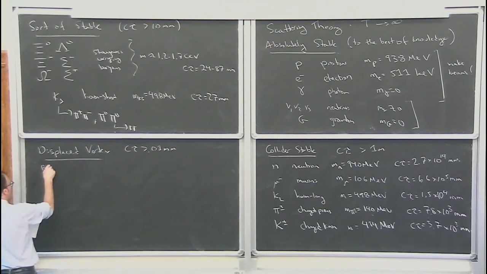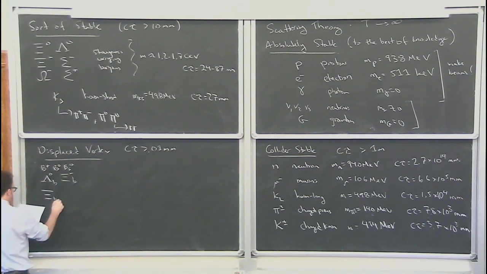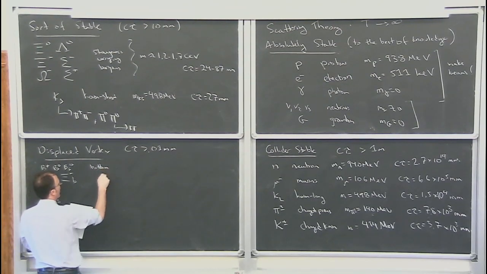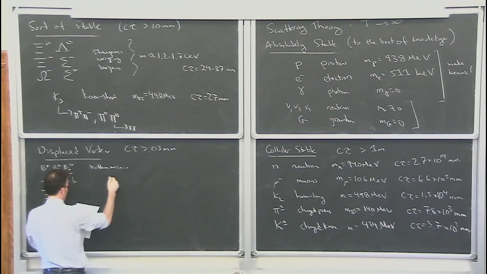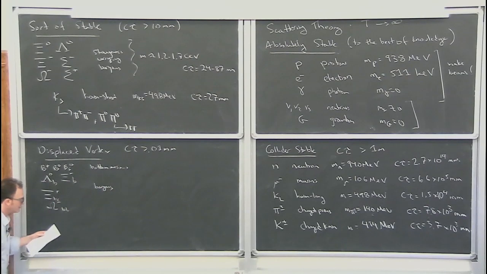So you have B mesons, you have lambda B's, cascade minus B, cascade BC plus, omega minus BB. Basically these are a bunch of bottom-carrying mesons or baryons, and some of them even have charm in them.